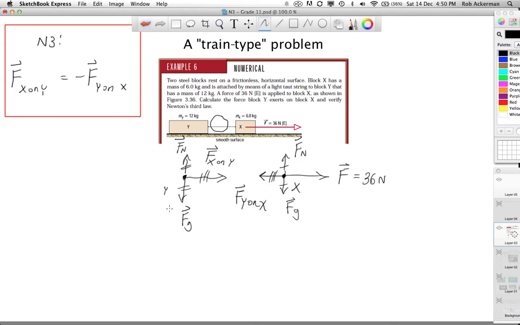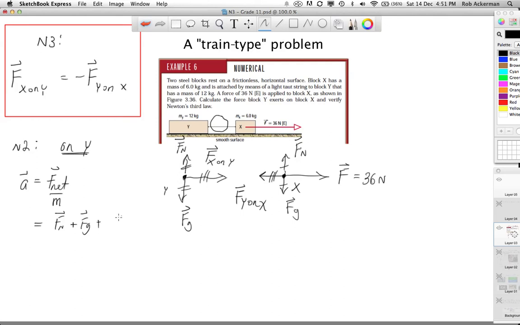Now, let's look at how we solve this. We can now apply Newton's second law like we did with the two boys on the skateboard. If we've got a good free body diagram, we're going to be fine. A equals F net over M. And we're going to do this for block Y. What have we got? The net force. Normal and gravity cancel, so I'll write Fn, I'll write Fg, and I'm going to cancel them in a second.